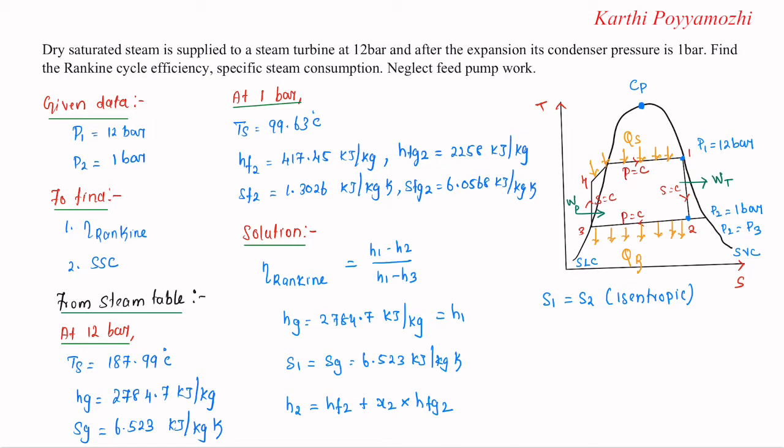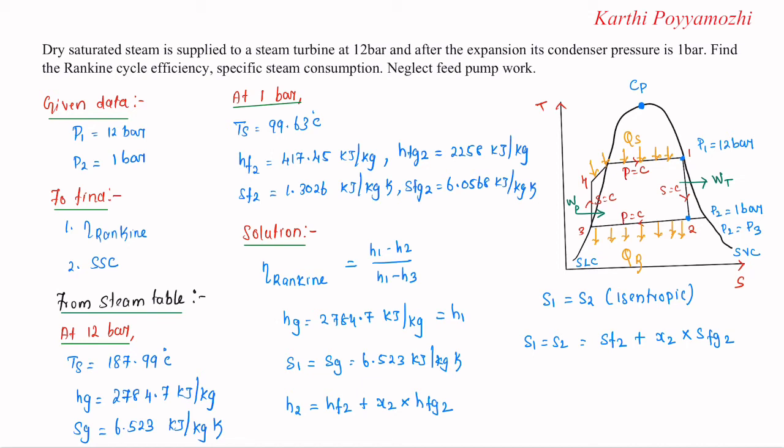From this, the value of x2 can be calculated by an equation, that is S1 equal to S2, which is equal to SF2 plus x2 into SFG of 2. Okay, this is the entropy equation.